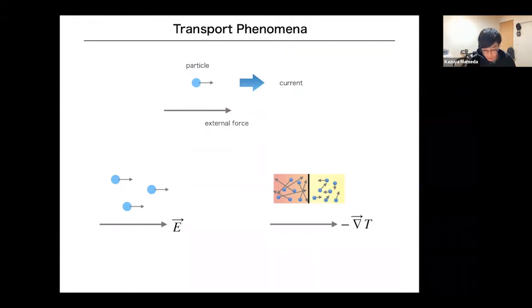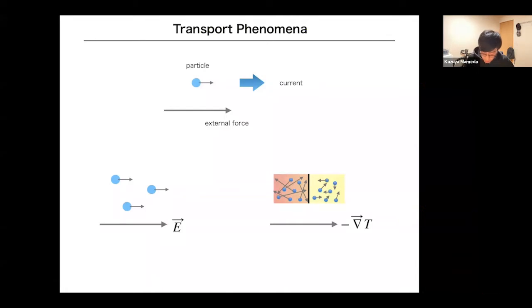So this is the general concept. If you have a charged particle and apply an electric field along this direction, the particle feels a force and moves along this direction, and eventually we get a current along this direction.